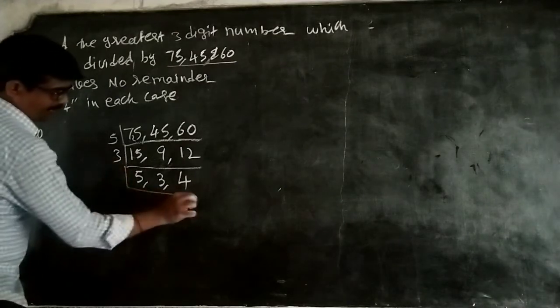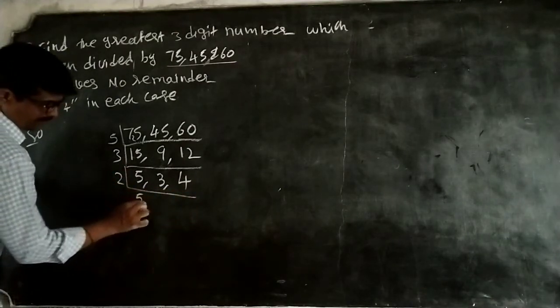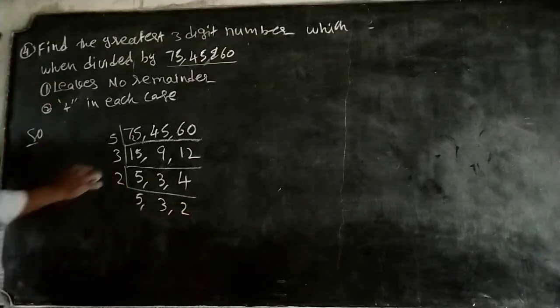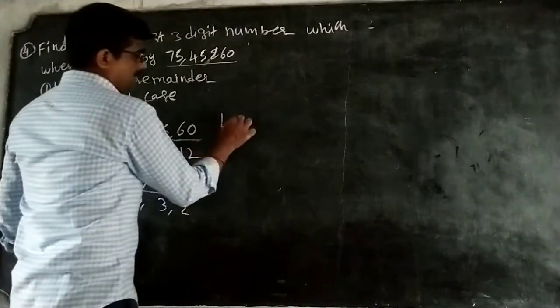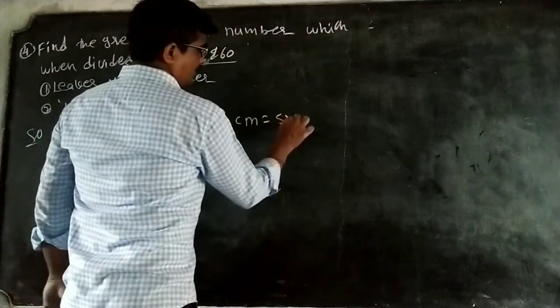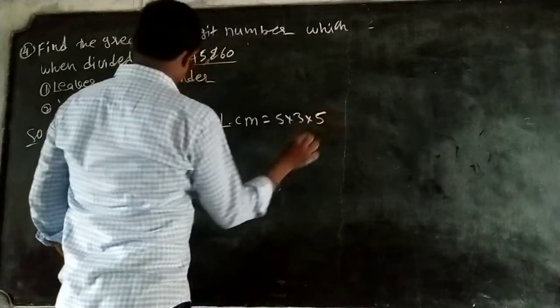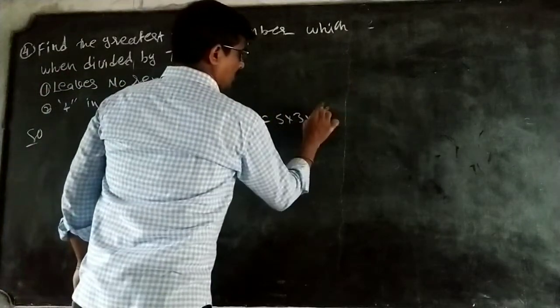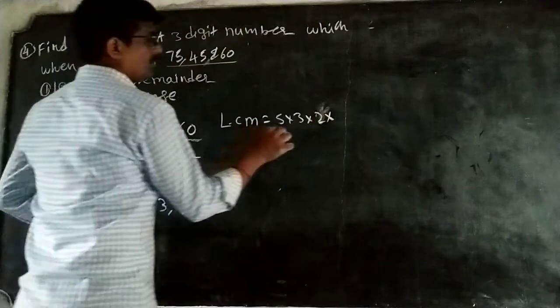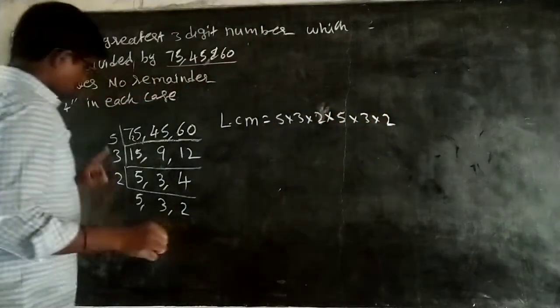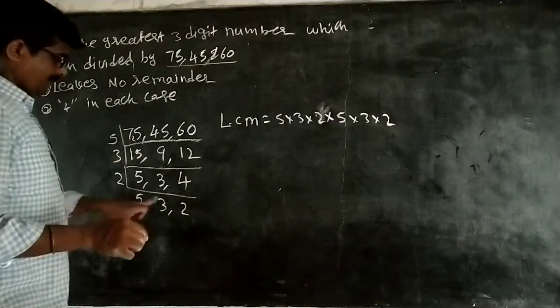Next again I take 2: 2 2s are 4... All are different prime numbers now, so stop here. Therefore LCM is equal to 5 into 3 into 2 into 5 into 3 into 2.